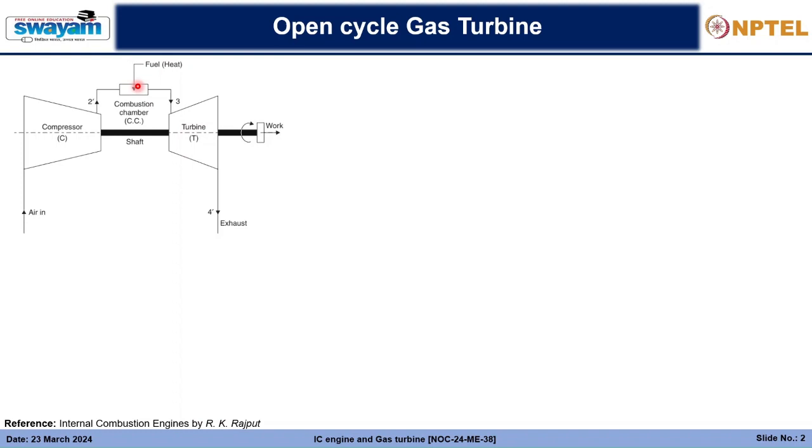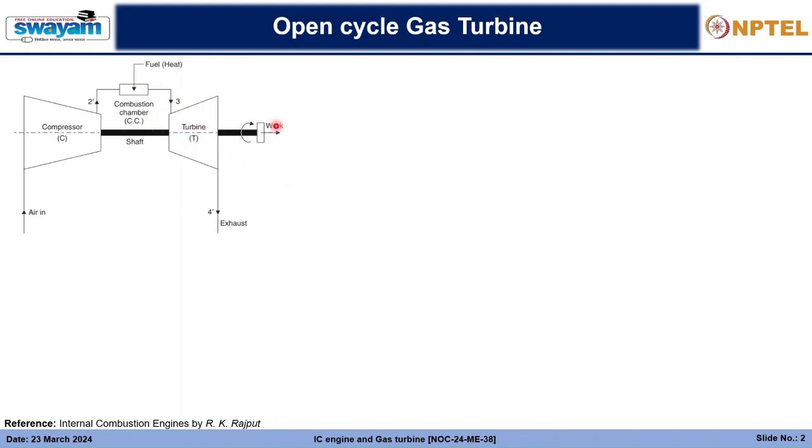Now this is not air anymore, it has become a gas, and the high temperature gas will then go inside the turbine, where it expands and liberates its energy to the turbine shaft, which is responsible for rotating the shaft.